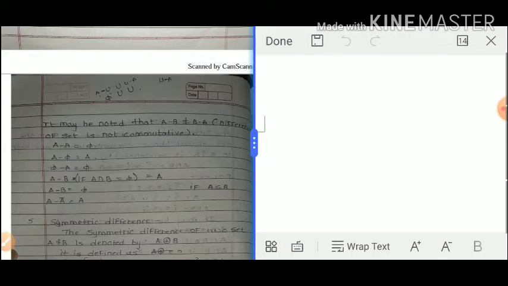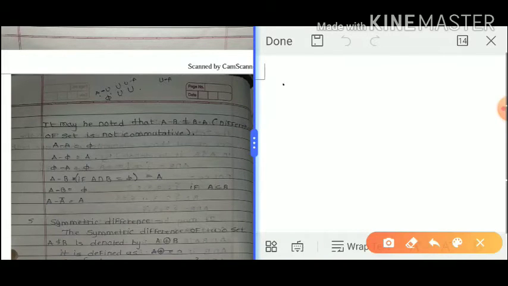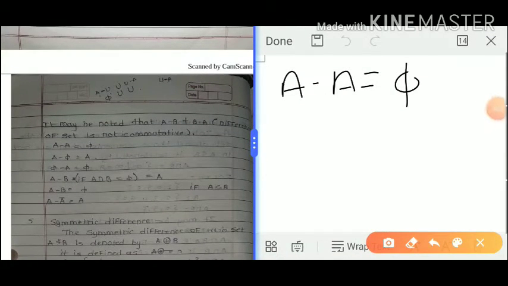Here A minus A equals phi, meaning the null set. How is it possible? For example, suppose A set contains the elements 1, 2. Here we take the difference between the same set.